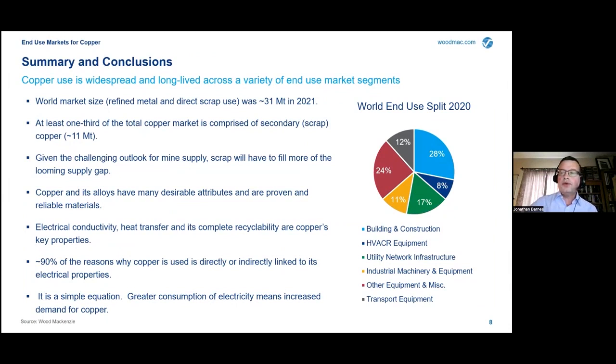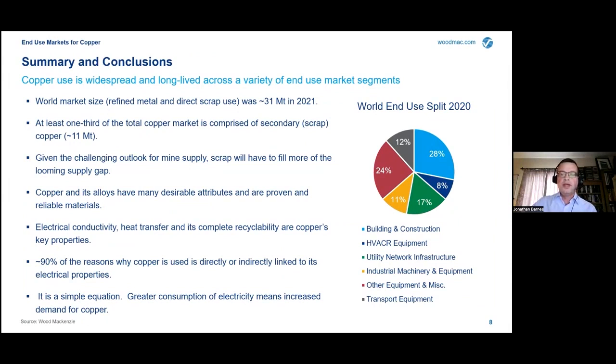And overall, when you look at the reasons why we're using copper across these end-use markets, well, really 80% of the reasons we use copper is directly due to its electrical conductivity. A further 10% is driven by its heat transfer capability and things like air conditioners. But you need electricity to operate these heat transfer areas. So what we're really saying is around 90% of the reasons you use copper is because it's directly or indirectly linked to its electrical properties.